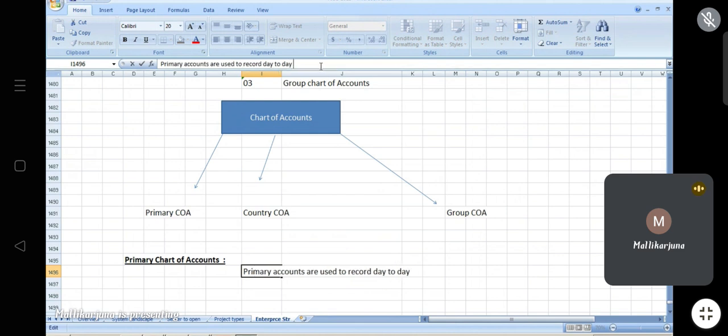The primary chart of accounts is mandatory among the three charts of accounts.